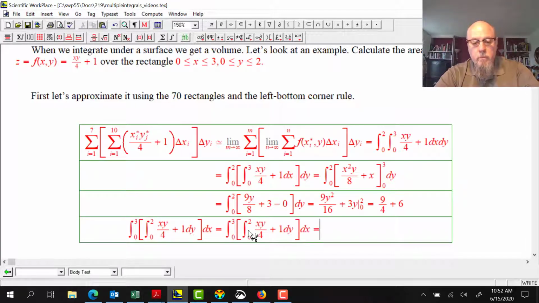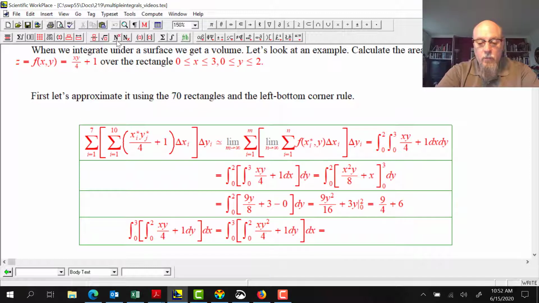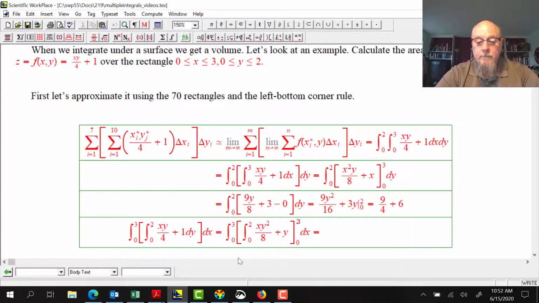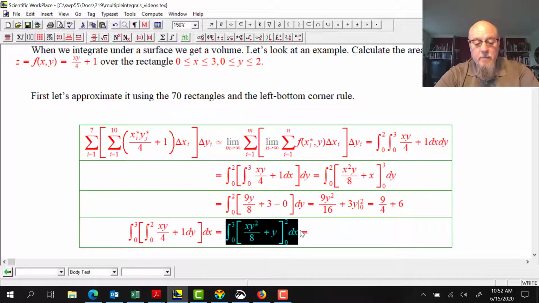I'm integrating with respect to y. So that's going to be y to a y squared. Add 1 to the exponent, divide by what's up top. This 1 becomes a 1y. So now I've integrated with respect to y. So it's going to be a sub in the top minus sub in the bottom, but they're y's.